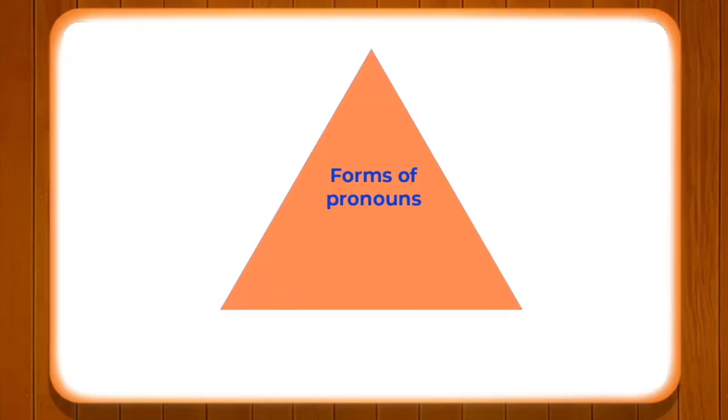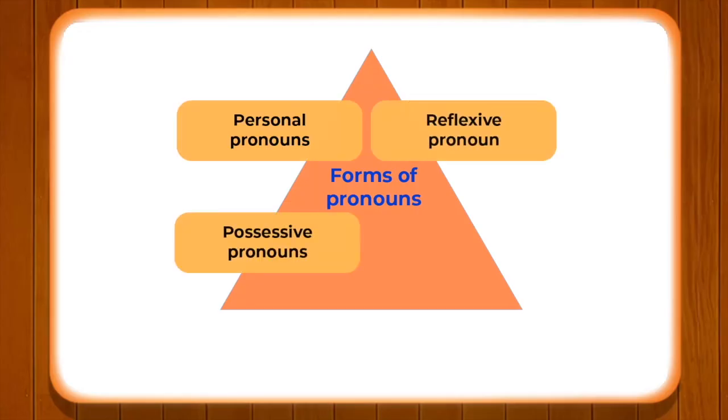As we know, we have certain forms of pronouns such as personal pronouns, possessive pronouns, reflexive pronouns and demonstrative pronouns. In order to understand the dative, let us pay attention to some of the pronouns.